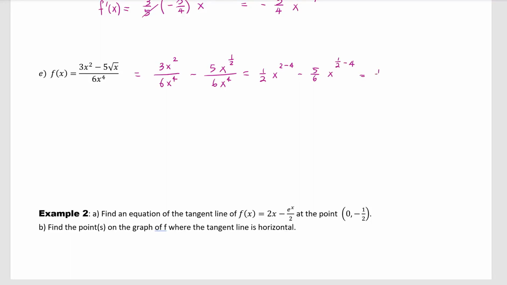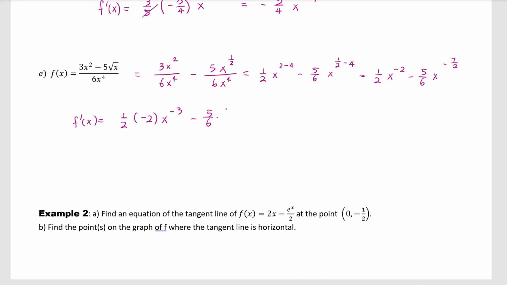What is that? 2 minus 4, negative 2. 1/2 minus 4. 4 is like 8 over 2. 1 minus 8, negative 7 over 2. So far, so good? So the derivative is 1/2. We multiply by negative 2, and then we have x to the negative 3 minus 5 over 6.